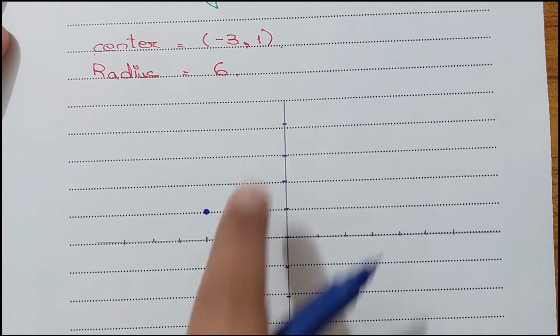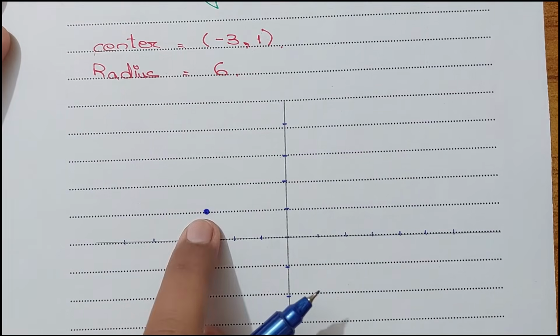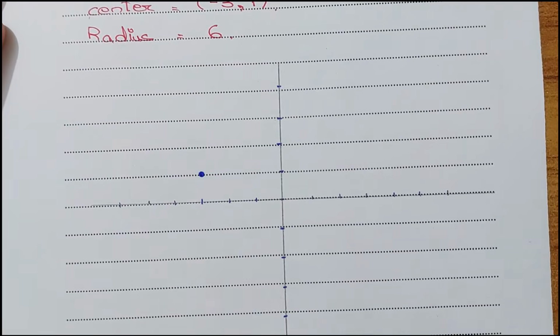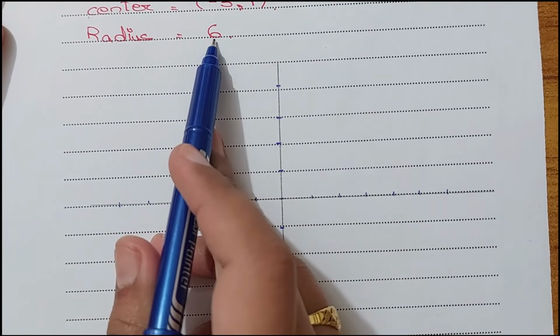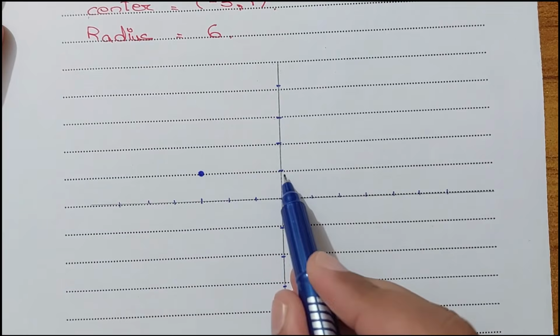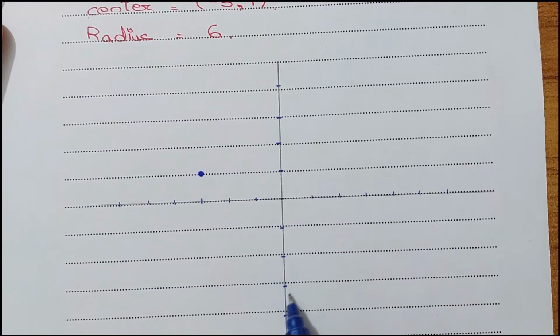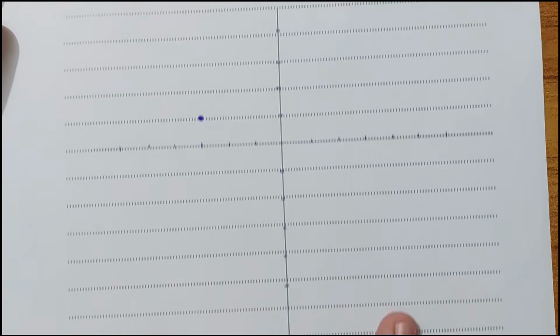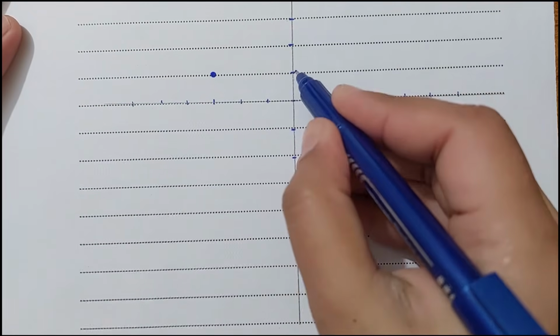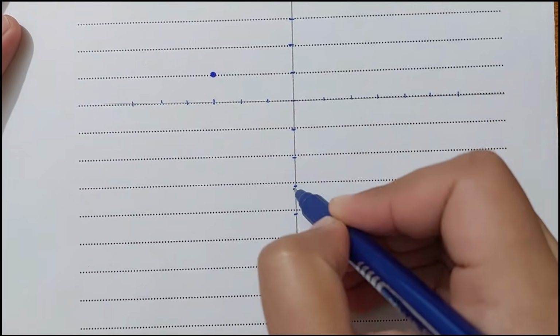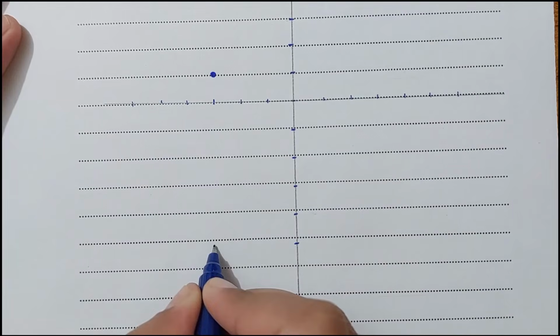So what is the lowest point? If we draw the circle considering this center, the lowest point is the bottom point, right? From this point, the radius of the circle is 6. So 1, 2, 3, 4, 5, 6. Let me show you guys. So from here, 1, 2, 3, 4, 5, 6. So we are over here.